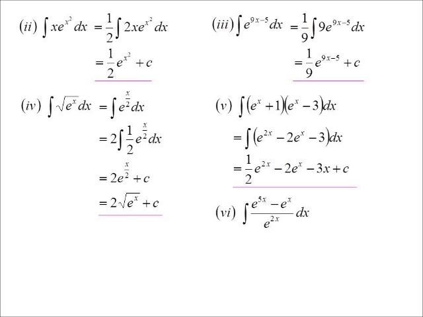Don't have a quotient rule for integration. So what does it say? Well, basically, top of the fraction divided by the bottom. Index rules, subtract the powers. So this question is really saying integrate e to the 3x minus e to the minus x. I've done it all in one hit, but be really careful with these negative signs, because it's minus e to the minus x.